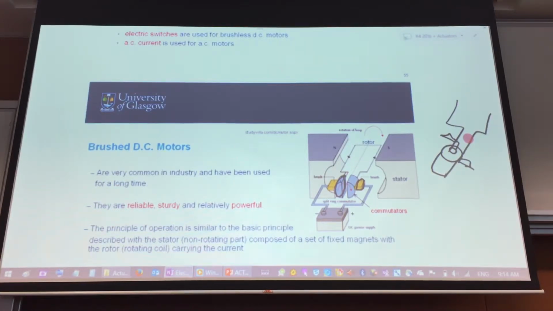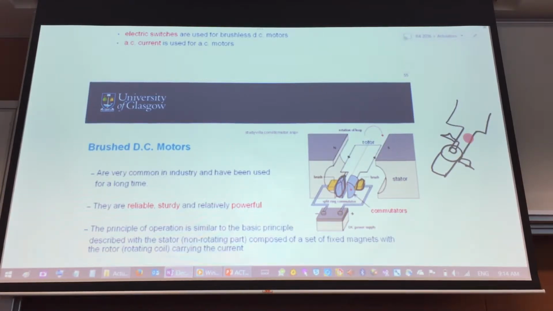So if you want to apply a constant current, then you use a split commutator. If you use alternating current, that means your AC current, the direction will change. Current at one point of time will flow clockwise, the other time it will flow anti-clockwise.